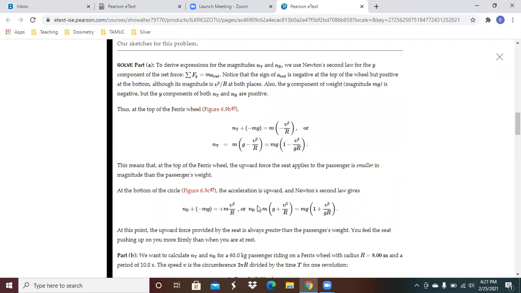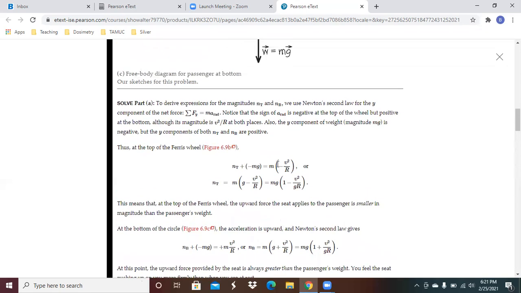So we're going to derive expressions for the magnitudes of n sub t and n sub b. We're going to use Newton's second law for the y component. Notice that this sign is negative at the top of the wheel, but at the bottom, it's going to turn positive. The y component of weight is negative, but the y component of these two is going to be positive.